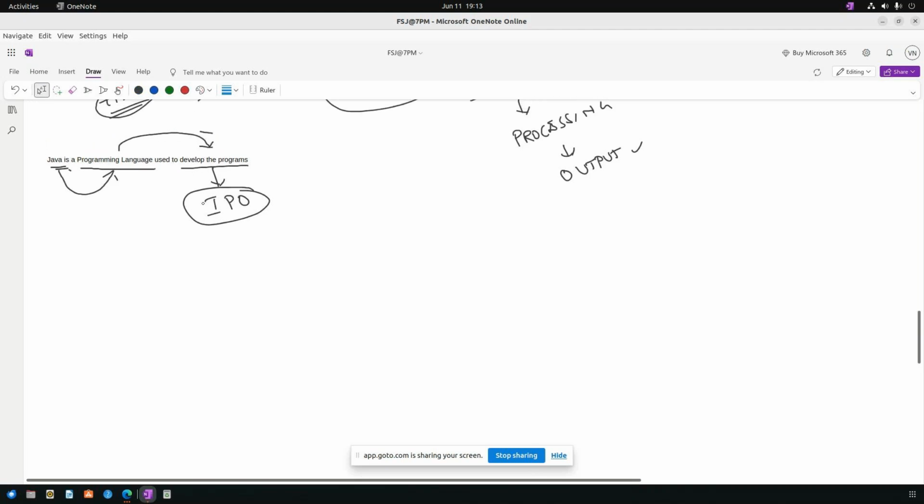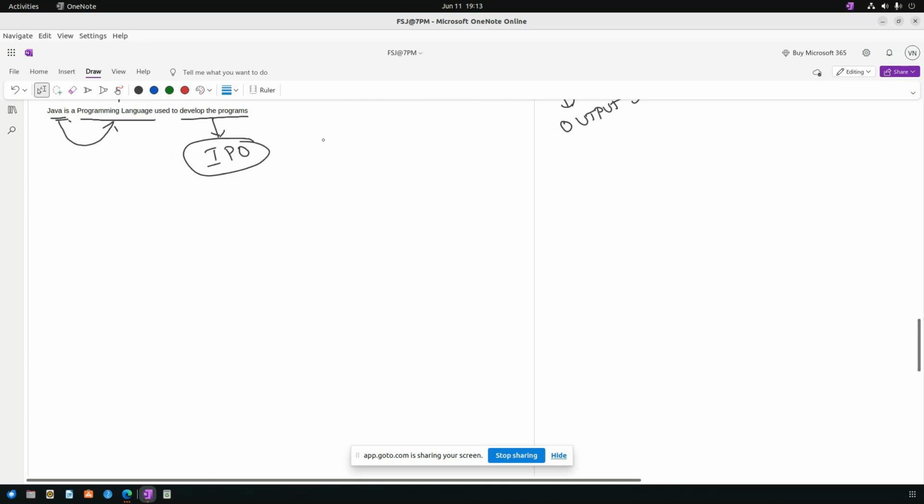Now you will ask me that after developing so many programs, what are we going to do? You are going to create the software. So you will be called a software engineer because you will be the one who will be programming and doing all the activities in the programming, and you will be developing so many software.